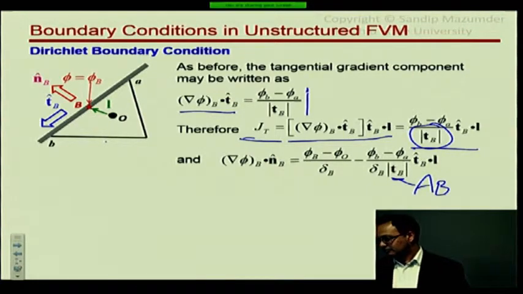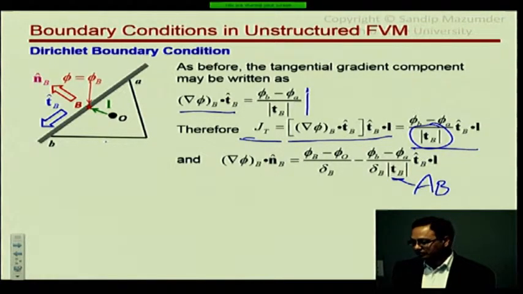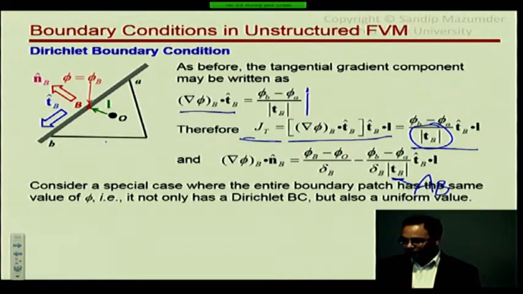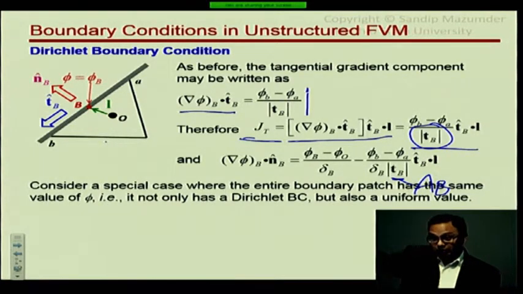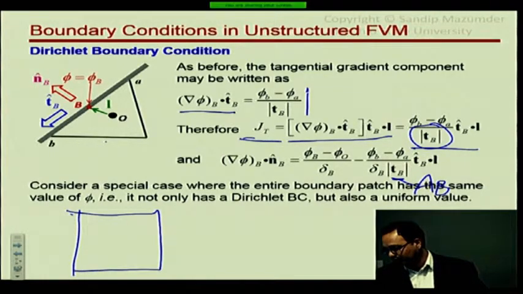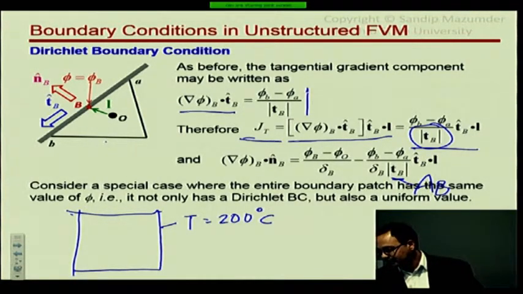One very interesting thing happens if you have a uniform value over the whole boundary patch. Suppose I'm solving a heat conduction problem, and I say temperature here is 200 degrees. That means all these vertices have a value of 200.